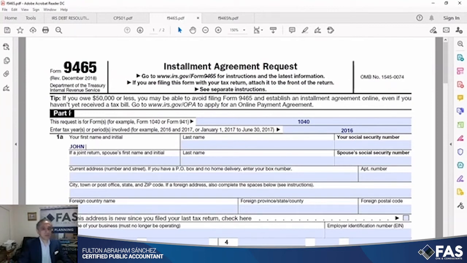Remember that the information here should be the same as your tax return. It cannot be different, to match the information from the IRS.